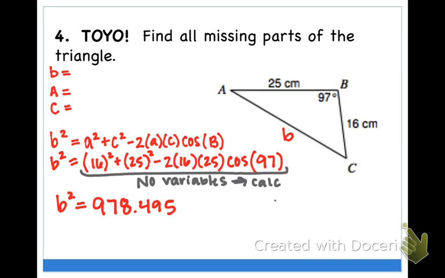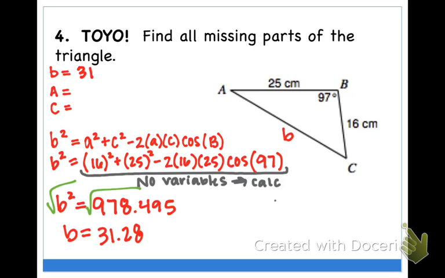Again, if that number looks giant to you, that's because it's B squared, not B. So we do want to go through and take the square root of both sides. And if we do that, we get that B is equal to a much more reasonable 31.28. So I want to go put that in my list.